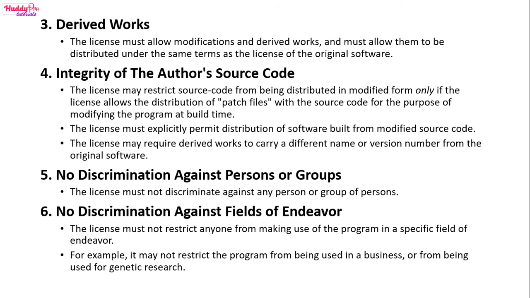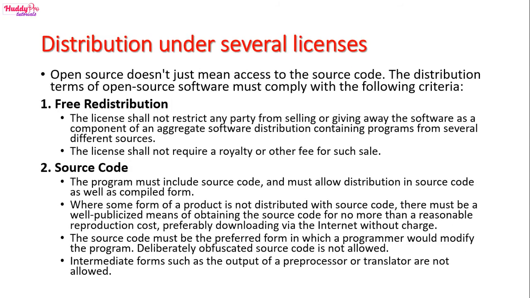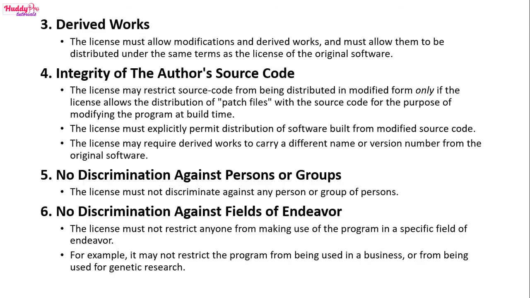Okay. Then another term that is supposed to be followed in the distribution is the derived works. The license must allow modifications and the derived works, and must allow them to be distributed under the same terms as the license of the original software.